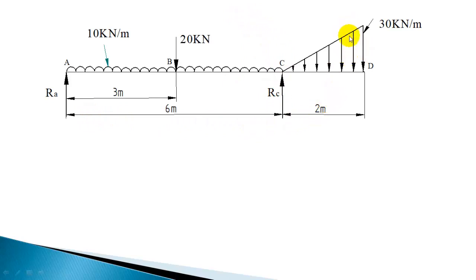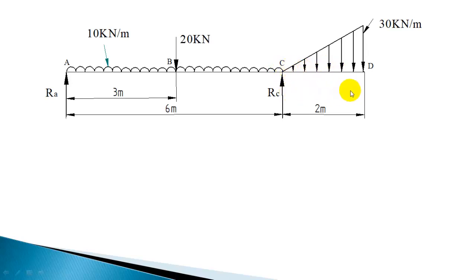Now the resultant of this triangular load is 30 into 2 divided by 2, that is 30. It is the resultant you calculate by area of the triangle. So the resultant load is 30 kilonewton, and it will act at a distance of 2/3 of span from the 0 intensity side.